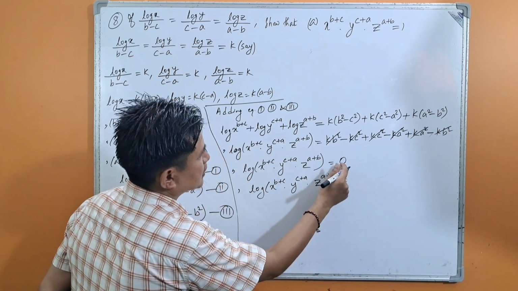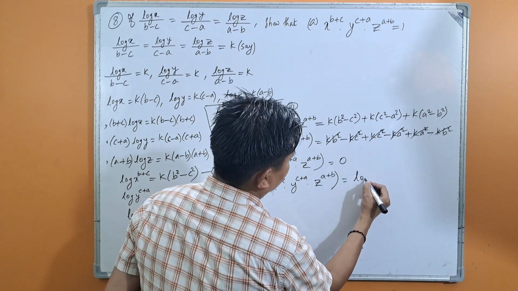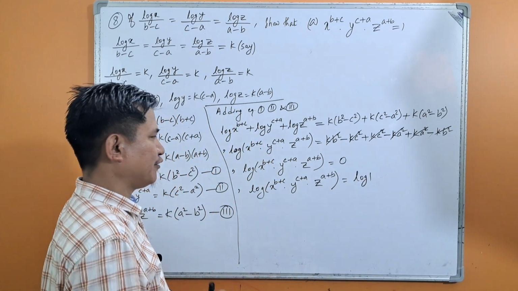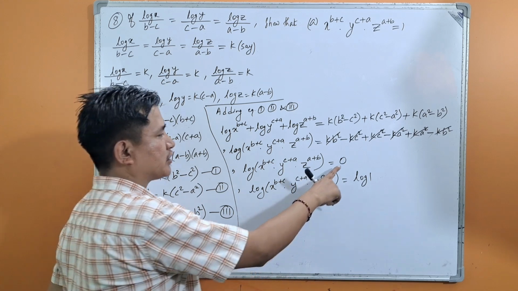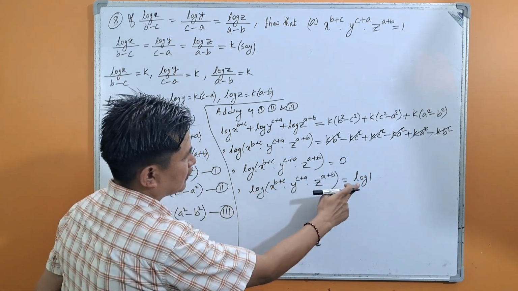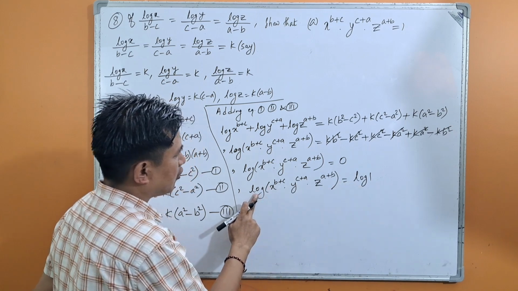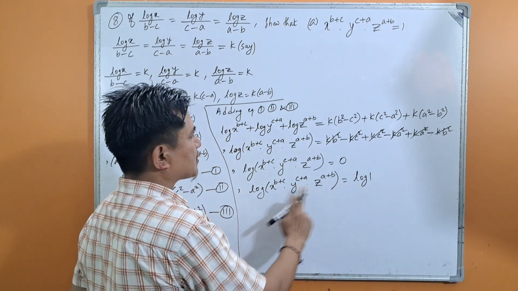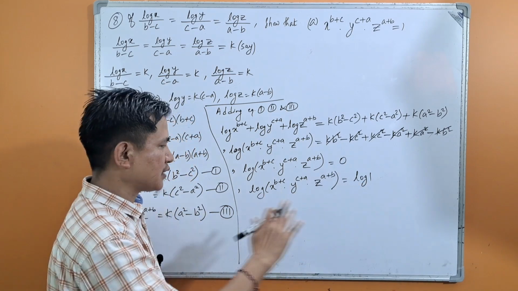Instead of 0 we can write log 1, because the value of log 1 is always 0. Log 1 means 0, so instead of 0 I am writing log 1. Now we can leave log from both sides. We have log in the left hand side and log in the right hand side. Bases are not given, which means we assume the bases are equal.